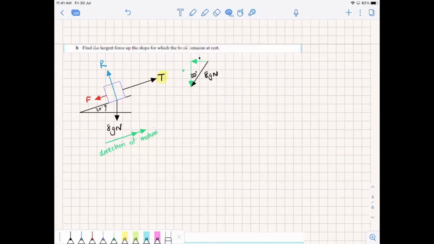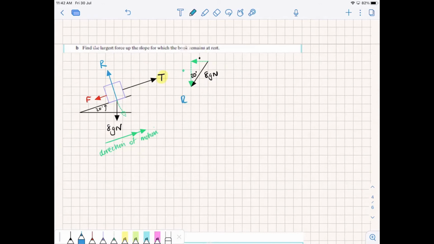So in the same way that we worked out the normal contact force in the last one, if we look at the diagram, the only force that acts against the normal contact force is the vertical component of that 8 newtons, which we actually worked out in the previous step.